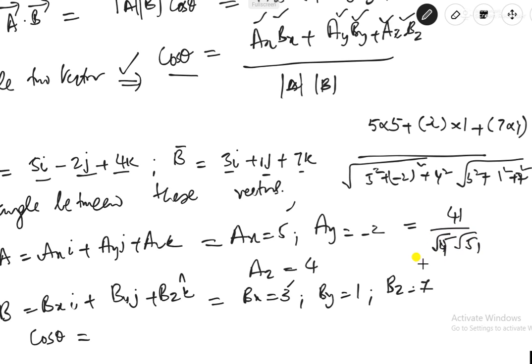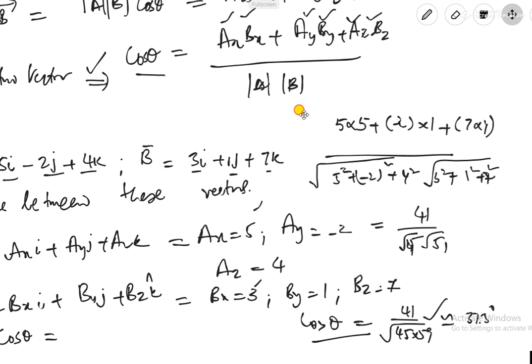So theta will be 41 by root of 45 into 59. You have to simplify this equation and you will get the answer. The angle is equivalent to 37.3 degrees. So the angle between these two vectors that we have found is almost 37 degrees.